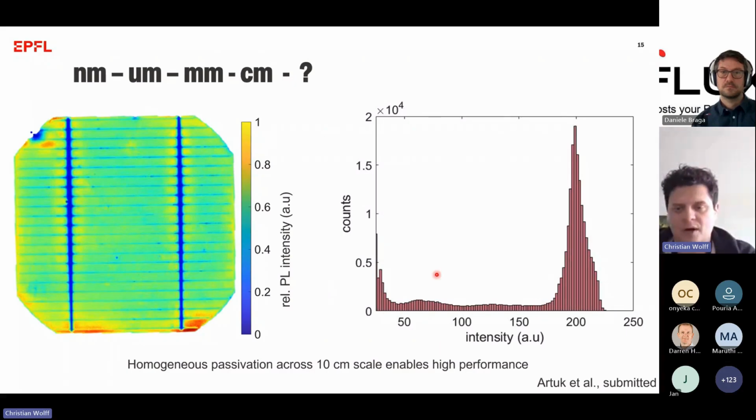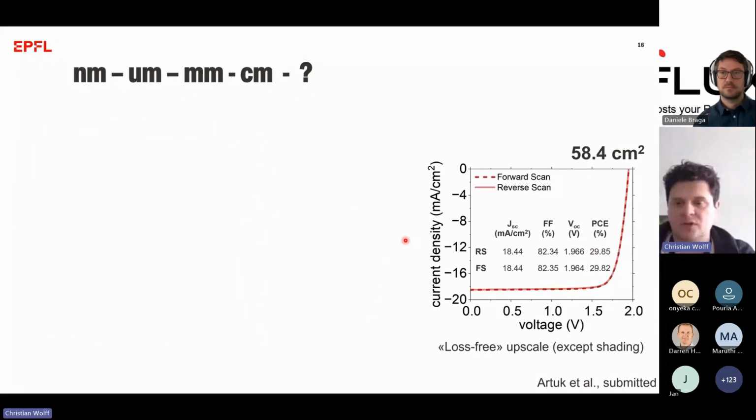So you have these small bumps stemming from the bus bar, and then here probably the fingers. And then the greatest majority still gives you a very narrow distribution of emission. This then translates also into the optoelectronic device performance. So here we have now something like a 60 square centimeter device.